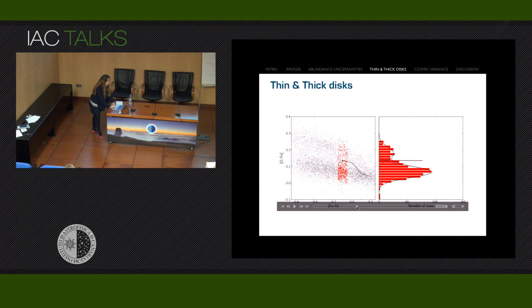Then at 0, the oxygen over iron is like 0.05 or so. The mean value for the thin disk is slightly above 0, yeah.